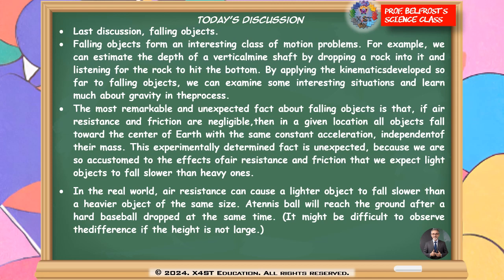Okay. The most remarkable and unexpected fact about falling objects is that if air resistance and friction are negligible, then at any given location, an object will fall toward the center of Earth with the same constant acceleration, and also at the same time it will land on the Earth, independent of its mass.